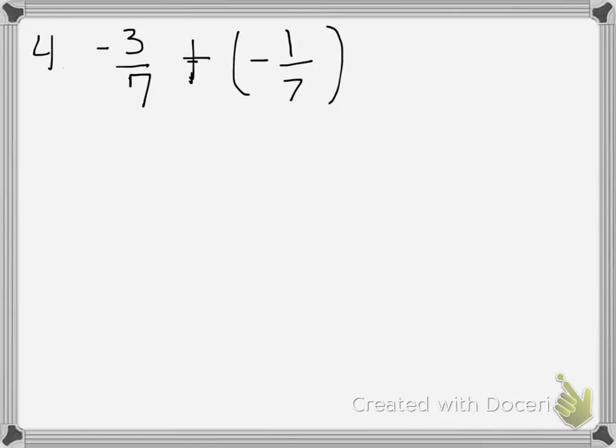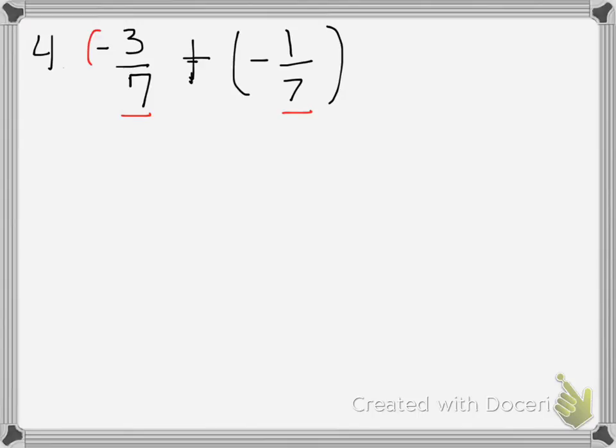Now let's talk about number 4. We have negative 3/7 plus negative 1/7. In this case, our denominators are already the same, so we don't have to do anything with those.